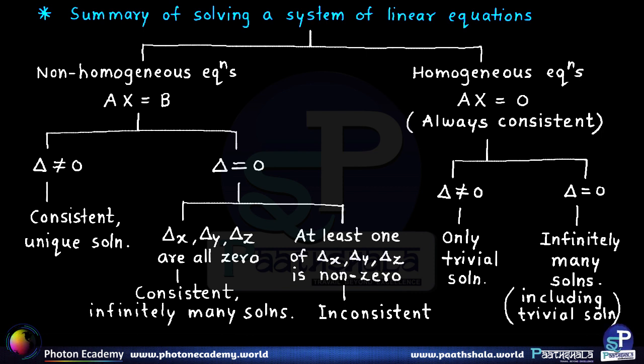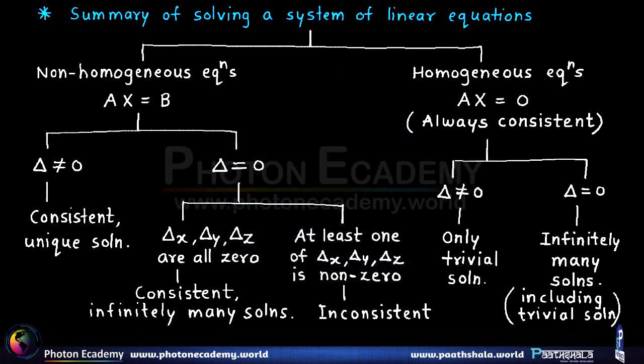Now within this we have two cases, that is, if delta is not equal to 0, that is, the determinant of coefficients is not equal to 0, then the system is consistent and it has a unique solution. But on the other hand, if delta is equal to 0, there are two cases.